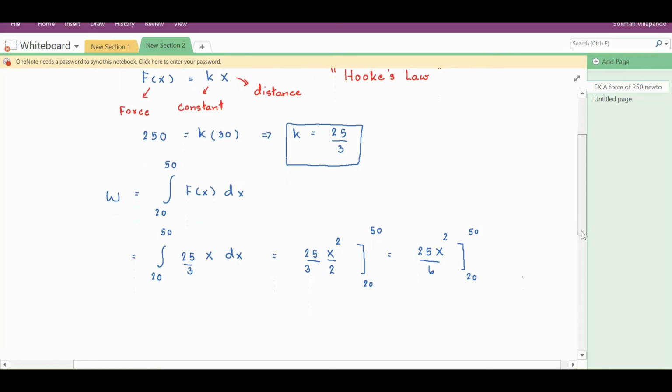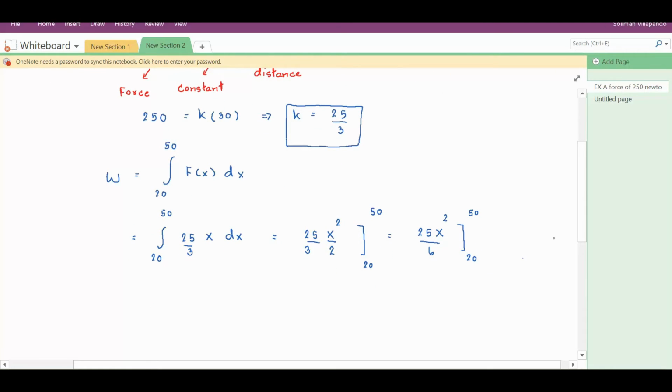Now I can substitute 50 for x and 20 for x. Then I would have 25 times 50 squared over 6 minus 25 times 20 squared over 6. And by using the calculator, it should be about 8,750 newton-centimeters.